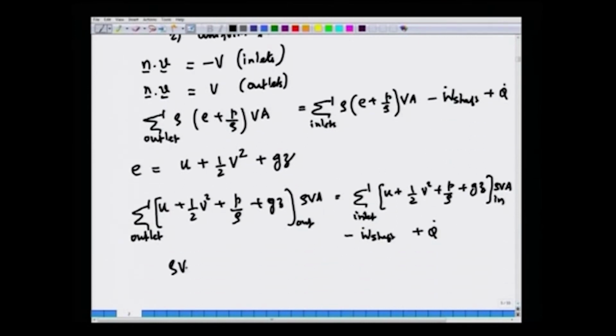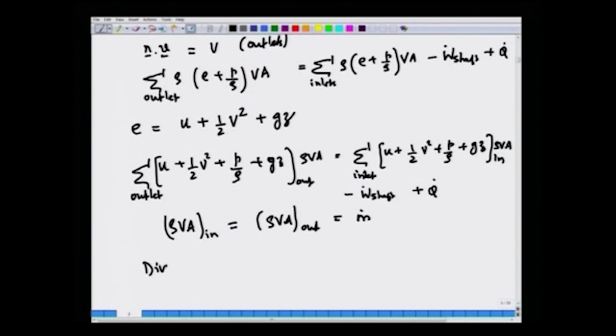Now, rho v a for a steady flow at the inlet should be equal to rho v a at outlets. This is mass conservation. Okay. If there is only one inlet and one outlet, then you know that rho v a at inlet is rho v a at outlet, which is m dot, the mass flow rate.